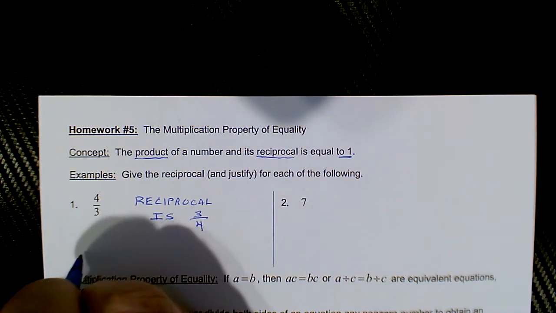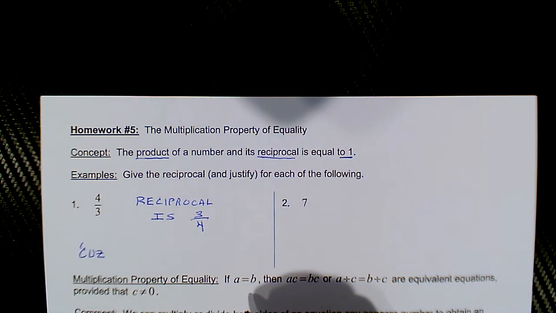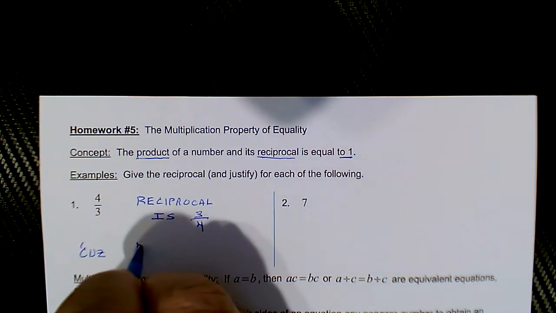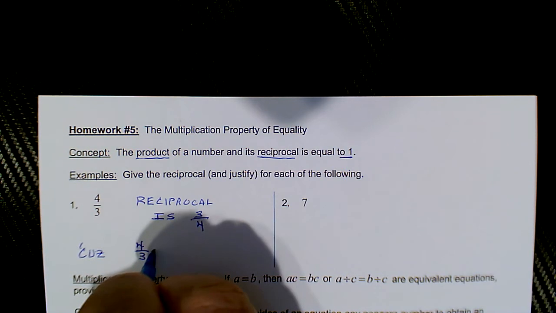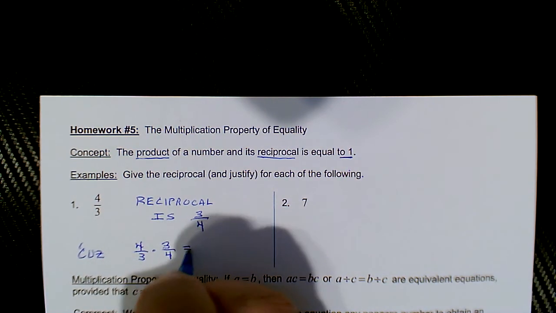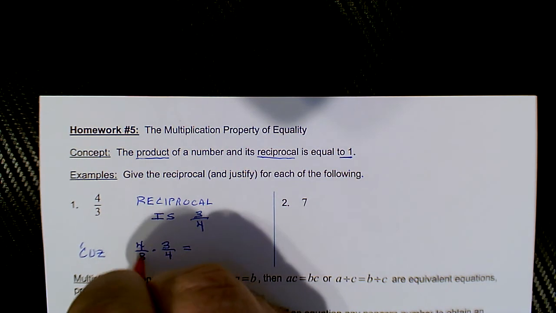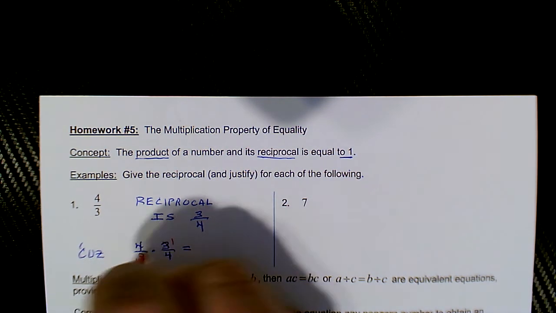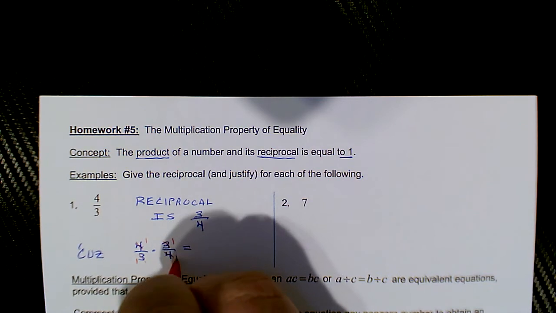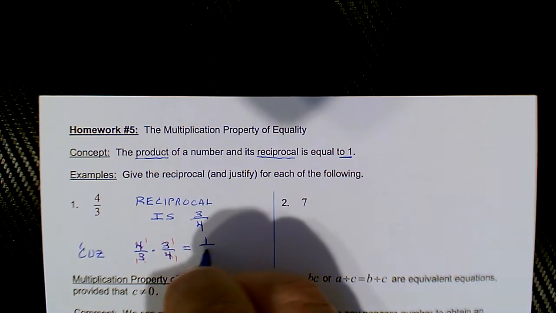And this would be because, if you take the product of the number and its reciprocal, 4/3 times 3/4, you can see we get cancellations all over the place, right? And these are all ones when we cancel. So we get 1 over 1, or just simply 1.